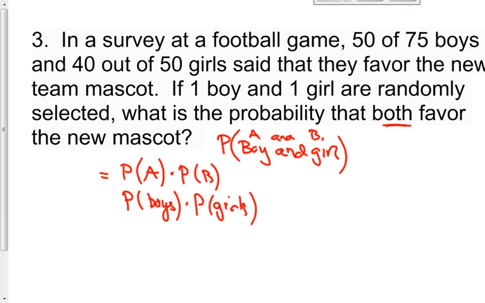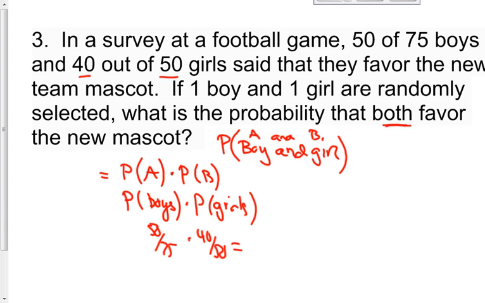And if you look back up at the original, it says that 50 out of 75 boys say yes. So that probability is exactly that fraction, 50 out of 75. Probability that the girls like the new mascot, 40 people said yes out of a total of 50. So this one is 40 over 50.